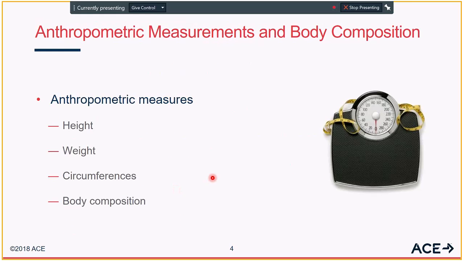All right, so the first type of assessments we're going to talk about have to do with your height and weight, circumferences, and body composition. Weight is a very normal measure for people who are trying to drop weight. But I always say weight is just a number. You have to look at what your weight is made out of. That's where your body composition comes into play. Your body composition takes into account your skeletal muscle mass, so your muscle, and your fat mass.